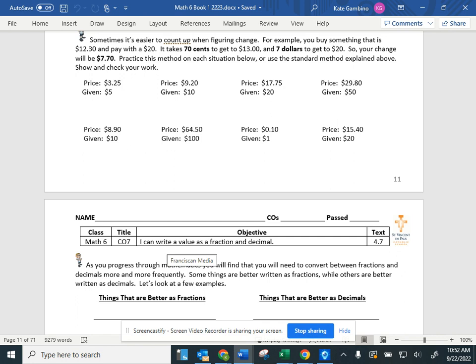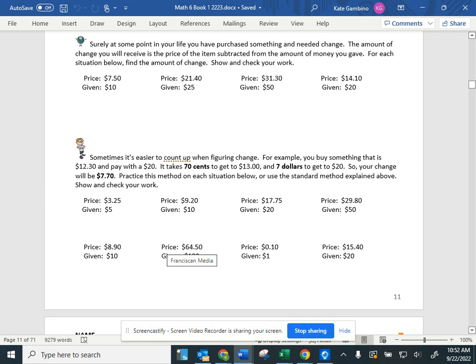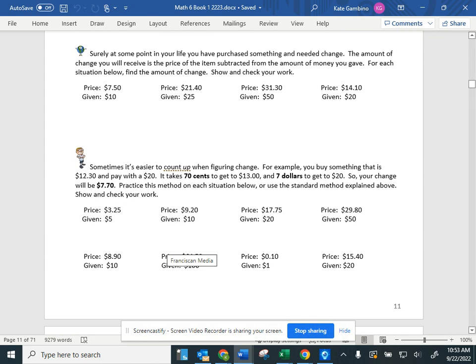So your change will be $7.70. Practice this method on each situation below, or use the standard method explained above. Show your work. Oh, I scrolled up too far. Okay, thank you. I just scrolled too quickly.